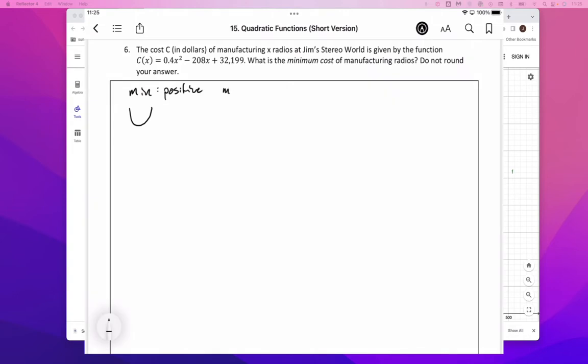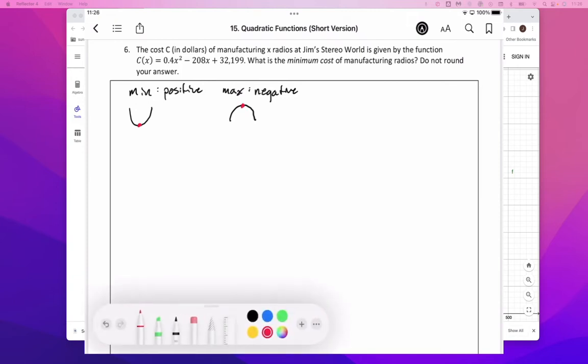You will have a maximum, which would be the top of that hump, if it's a negative leading term. And so in this case, we do have a positive leading term. Our leading term is that positive 0.4x squared right there. And so since it's positive, we will have a minimum.